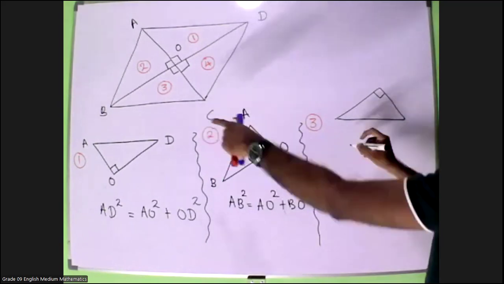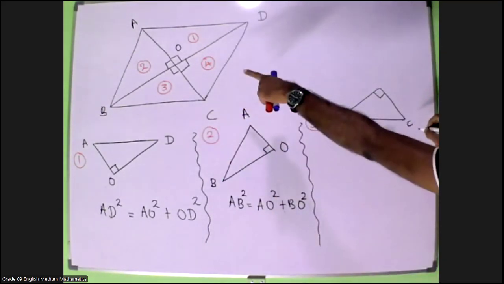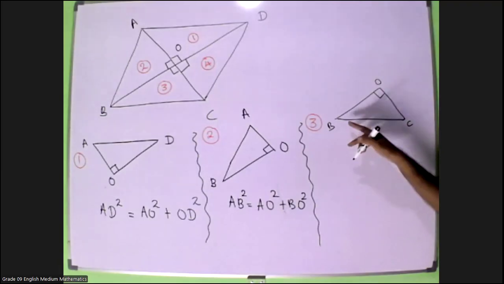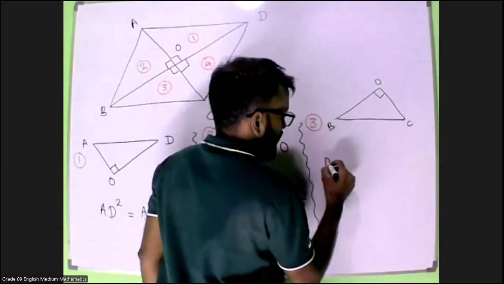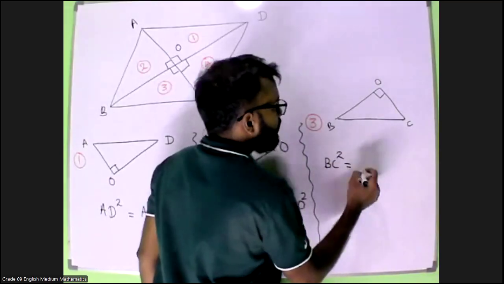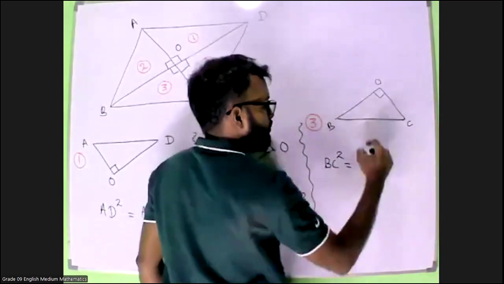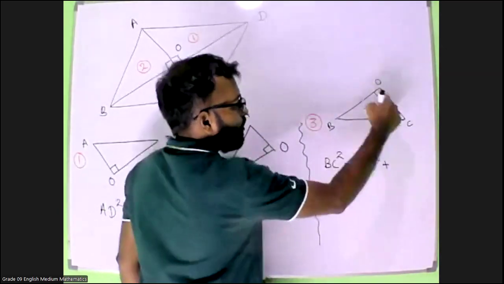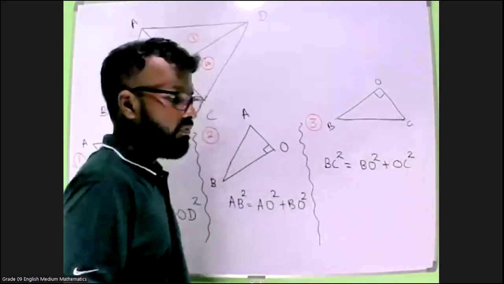B, C, and O. BCO. So what is the hypotenuse? BC. That means BC square equals BO square plus OC square. Very easy.